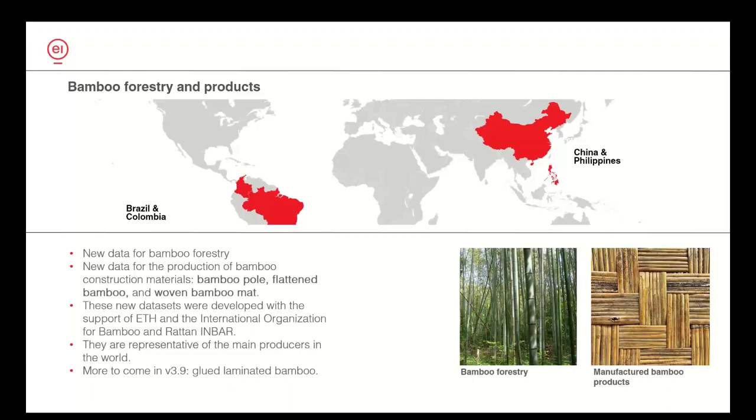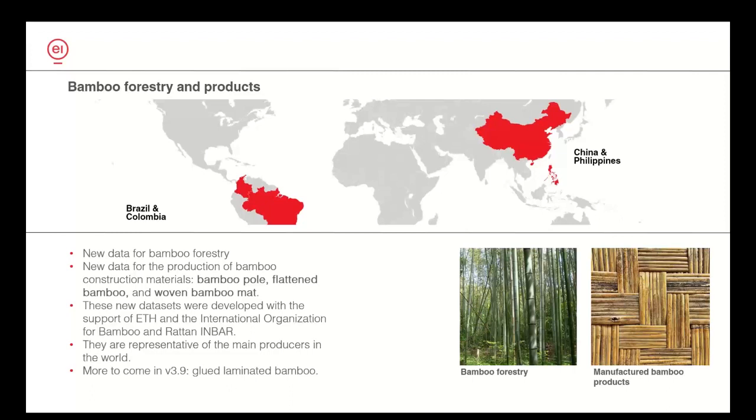As I said, with not a high level of industrialization, such as bamboo pole, flattened bamboo, and woven bamboo mat. These datasets were developed by ETH with the support of the International Organization for Bamboo and Rattan, INBAR, and they were submitted to us through ETH.